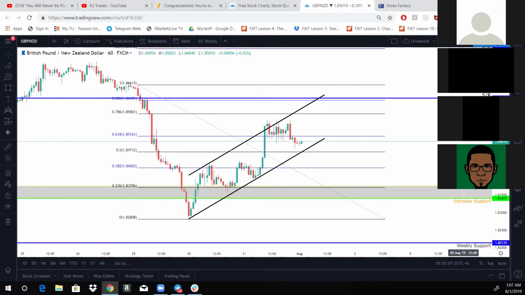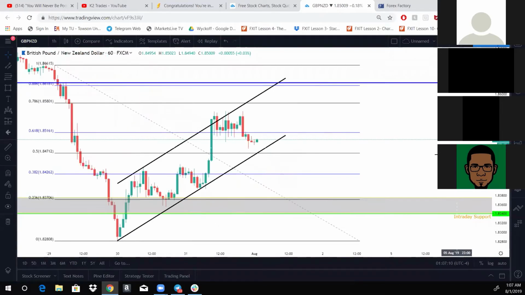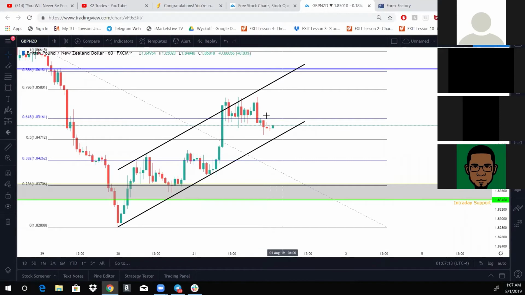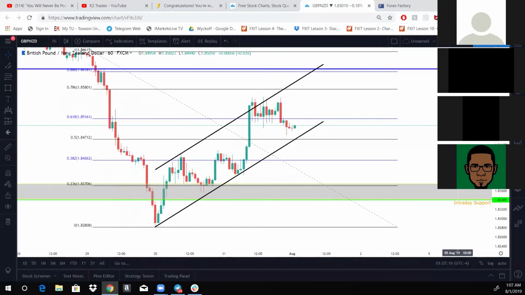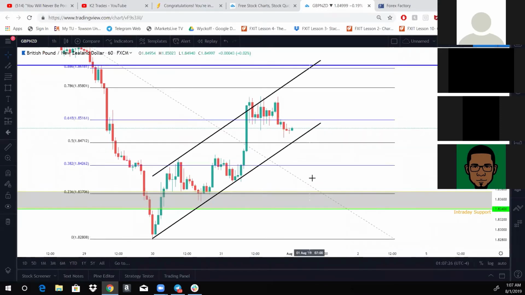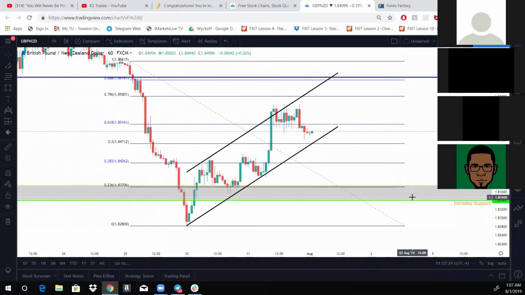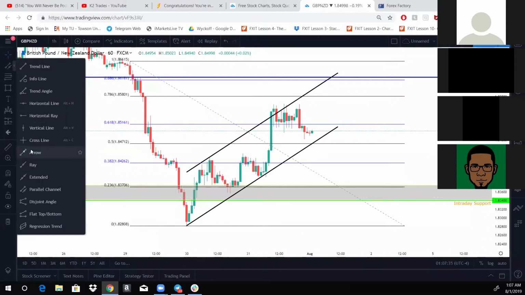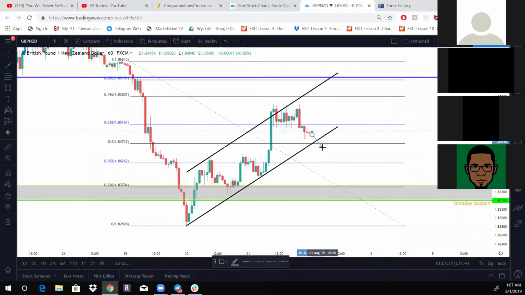So right now, I would wait to see if this rejects this level and breaks below. If it breaks, you can add another position like a sell stop at 1.8470 once it starts dropping, so you can catch that move back down. Because if it breaks this right here and gives us a retest, it's gonna go back down to at least here, if not this previous low.